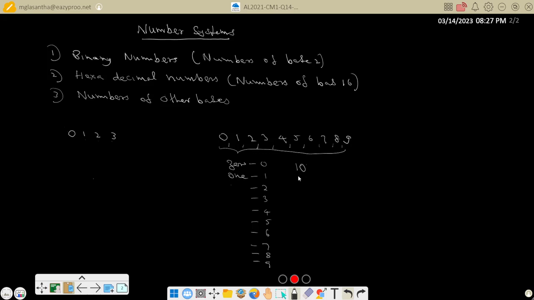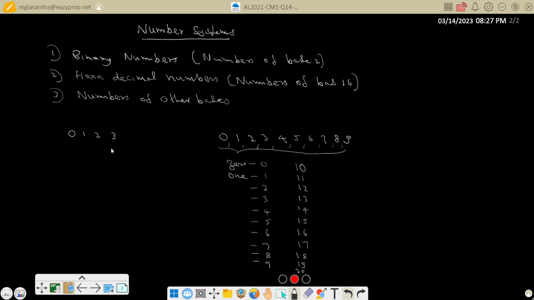Then 11, 12, 13, and so on up to 19, 20. Like that, you can write as many numbers as you want.